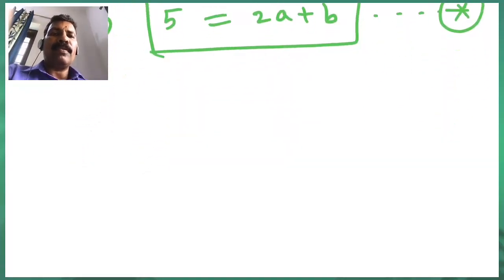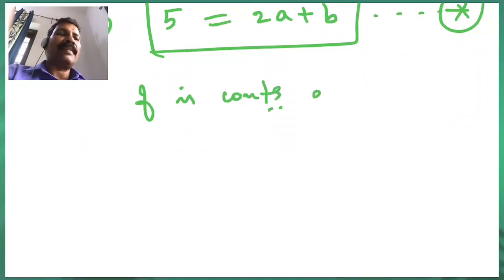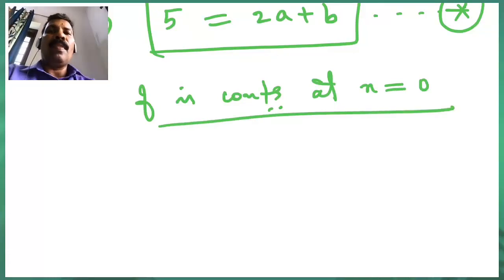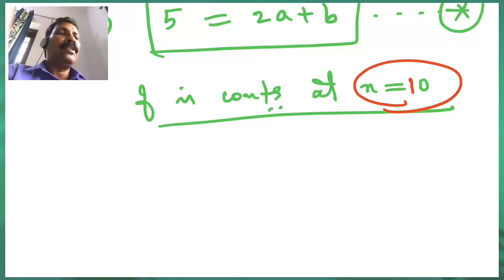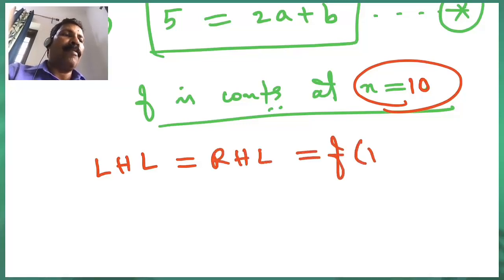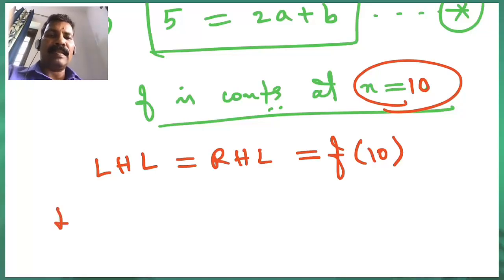So we got one equation connecting a and b. Similarly, we know the function f is continuous at x equal to 10. What do we mean by this? When a function is continuous at x equal to 10, the left hand limit is equal to the right hand limit, which is equal to f of 10, the value of the function at x equal to 10. That is limit x tends to 10 minus f of x.